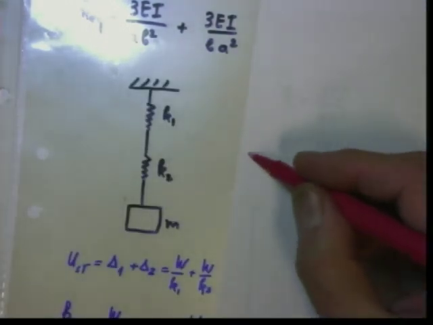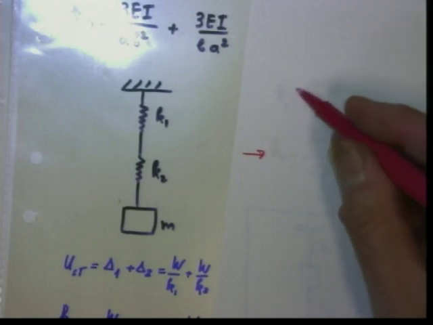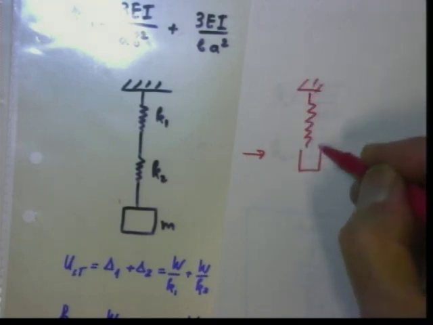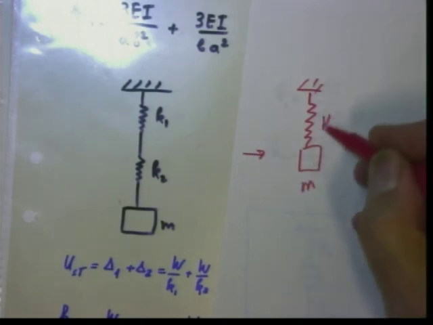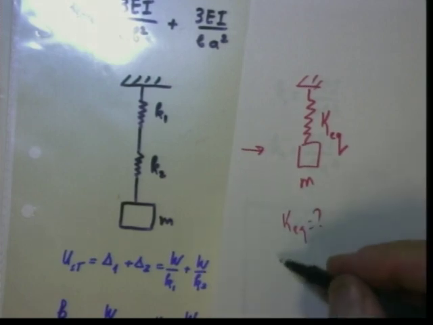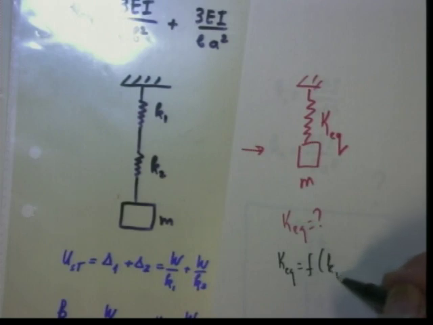I would like to replace this by the following: K equivalent. How much is K equivalent? Naturally, this K equivalent depends upon K1 and K2. It is a function of K1 and K2.